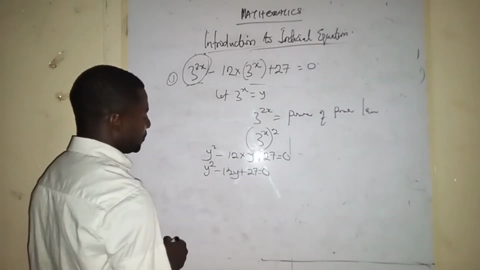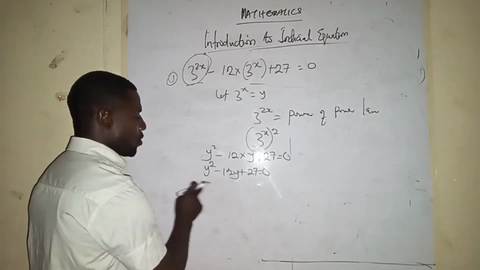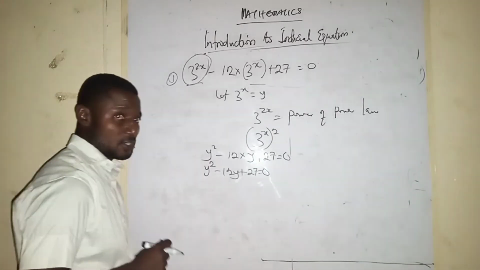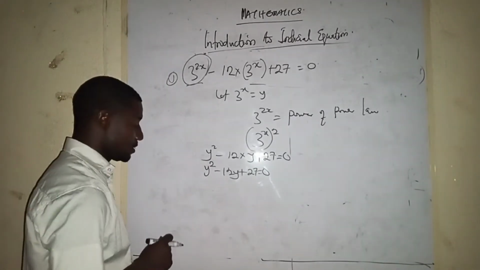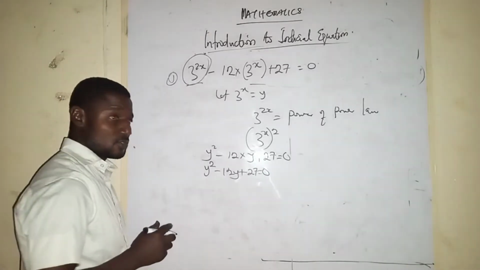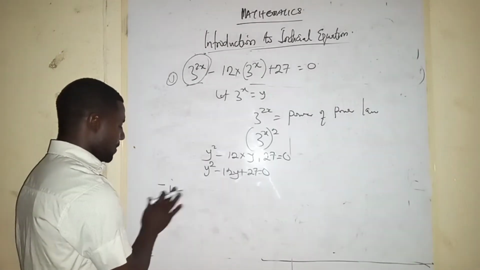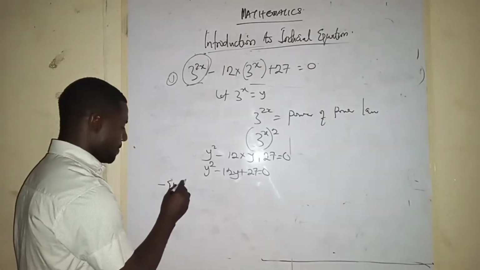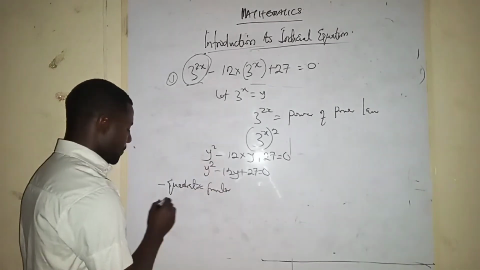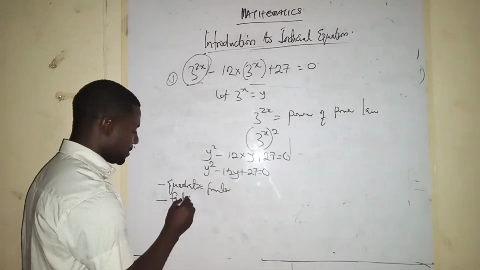Okay? Now, this has led us to a quadratic equation. Though I have not taught quadratic equation, I have to explain this. When you see a quadratic equation like this, there are methods you can use to solve it. Number 1, you can use the quadratic formula. Number 2, we can use factorization, which is the simplest.